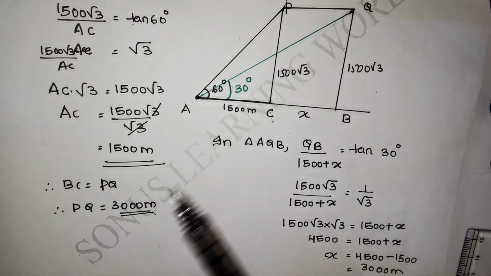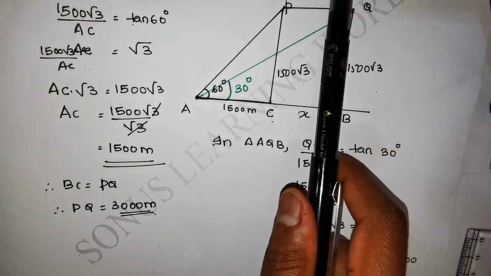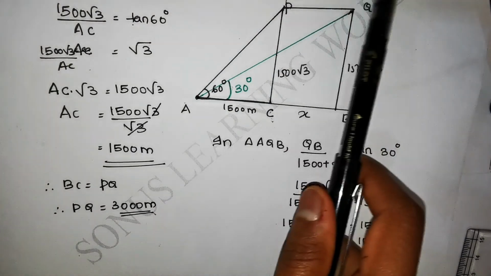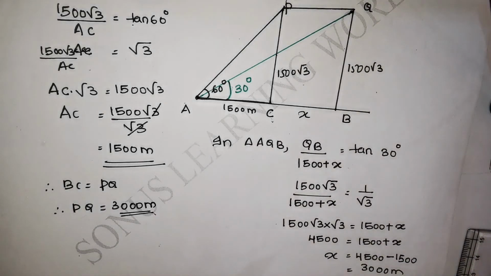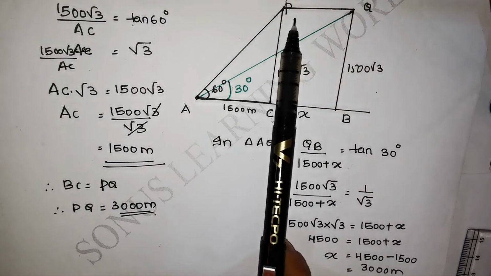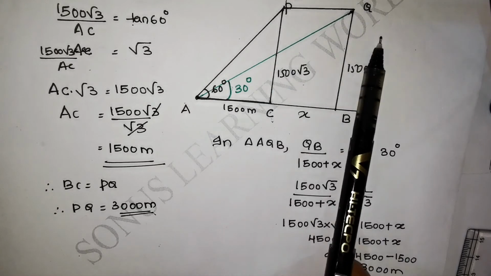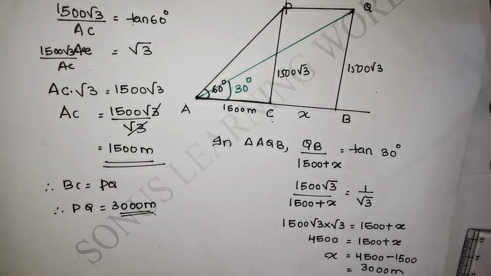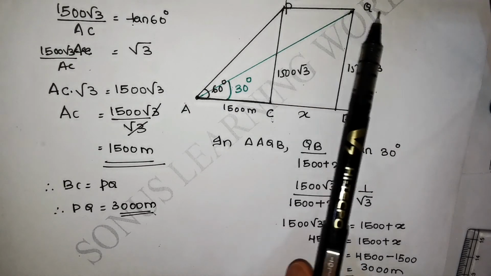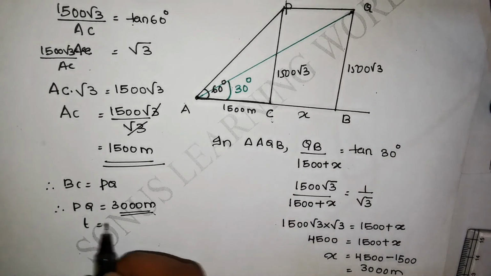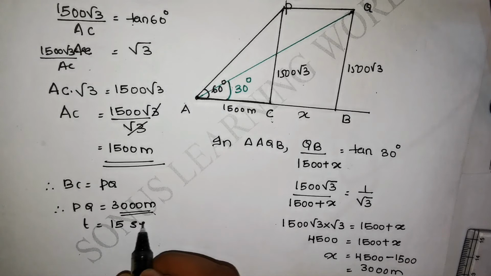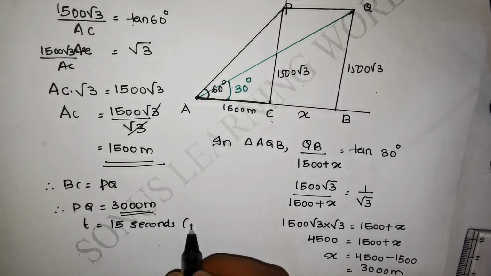It is given in the question that after 15 seconds, the flight reaches from P to Q. If we know this PQ distance, then we will be able to find speed, because speed is distance by time. So here time is equal to 15 seconds.